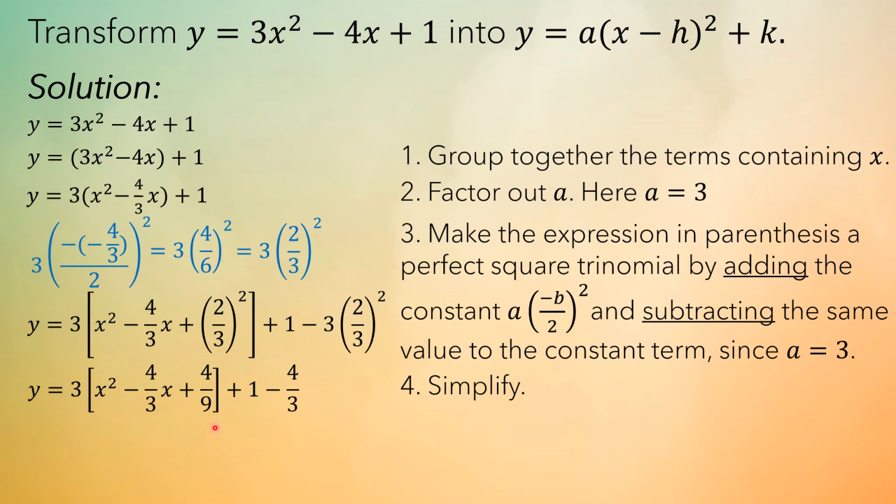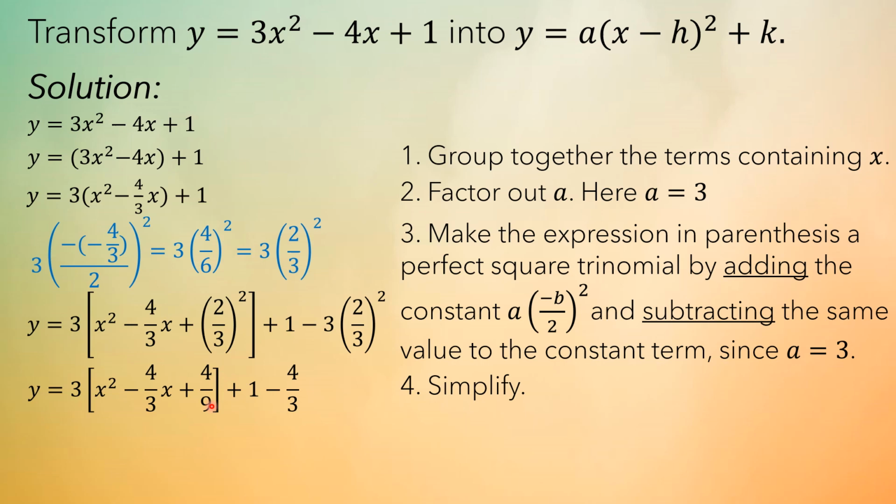So, naging 4 over 9. Plus 1 minus 3 times 2 thirds is 4 thirds. Sorry, 3 times 2 times 2 is 4 dahil 2 squared. And 3 times 3 is 9. So, naging 4 over 9 yan, katulad nito. Pero, minultiply pa natin siya sa 3 since may constant dito.